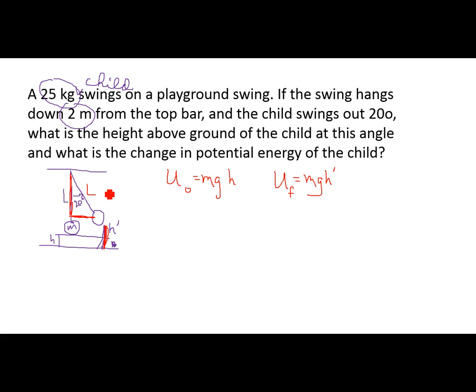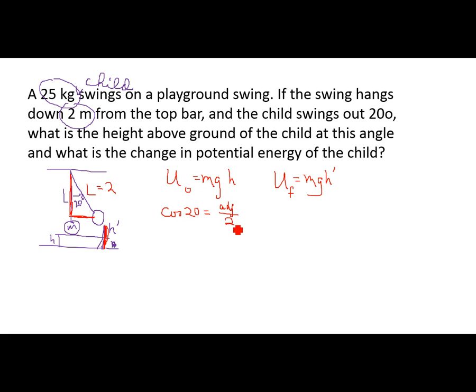So if this is 2 meters here, then this portion right here we could calculate by using the cosine of 20 is equal to the adjacent side over the hypotenuse, 2.